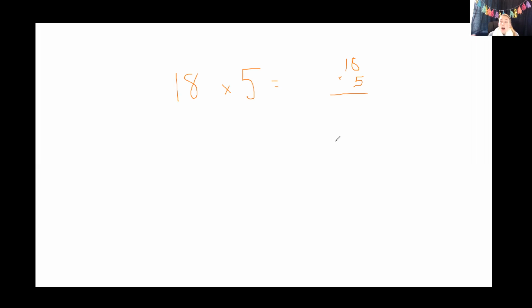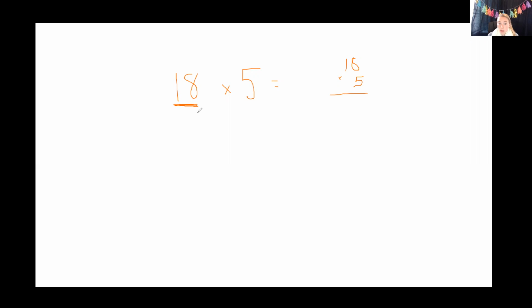I'm going to show you a new way to do this by breaking the numbers apart into friendlier numbers that you know the facts for. So here, I am going to look at 18 and see how I can break this up into numbers that I know the multiplication facts for.